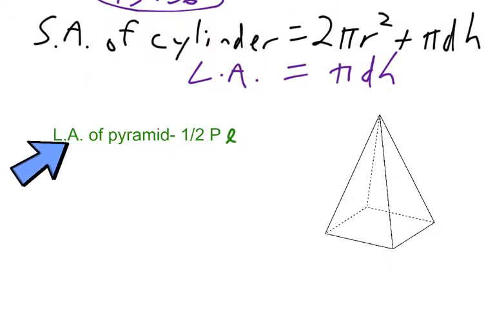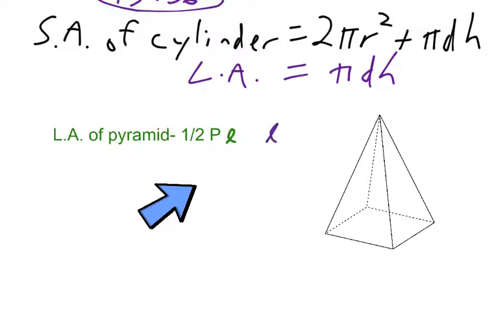Alright, now the lateral area of a pyramid is 1/2 the perimeter times the slant height. So L stands for our slant height. And that's very important because height and slant height are totally different. Height would be the perpendicular line drawn from the top to the center of our figure.